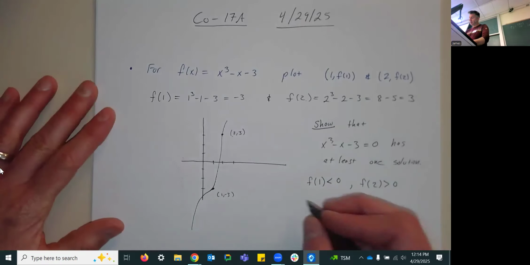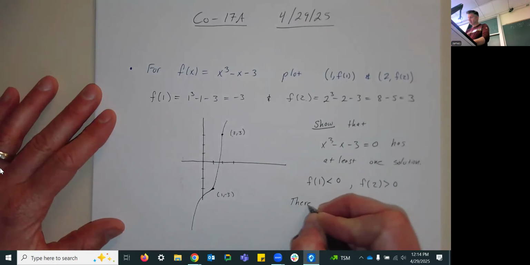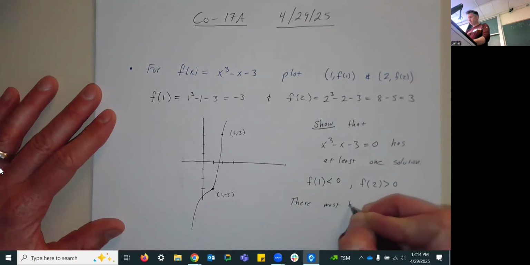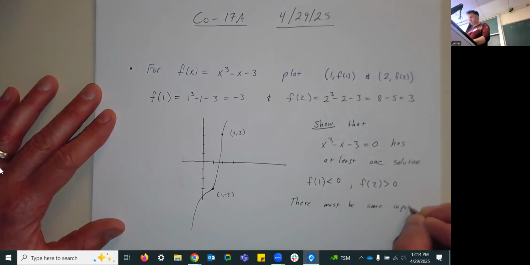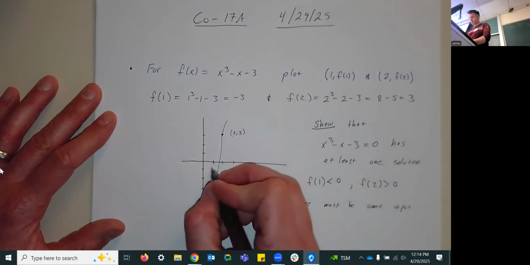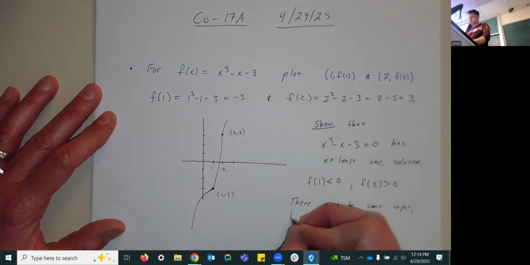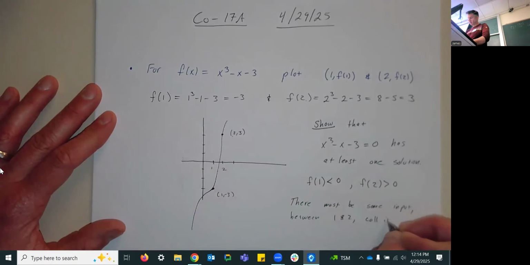So specifically, there must be some input between 1 and 2, we usually call it C, such that if you input C into that function, you get out 0.